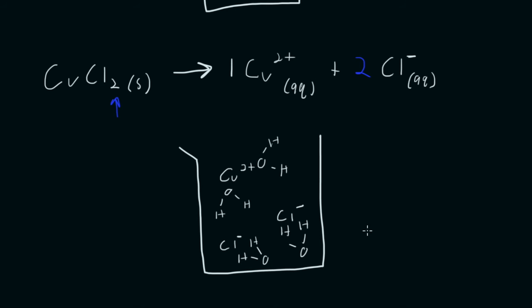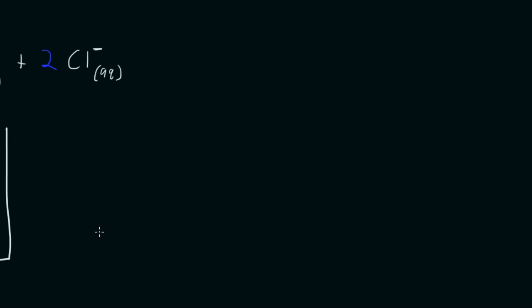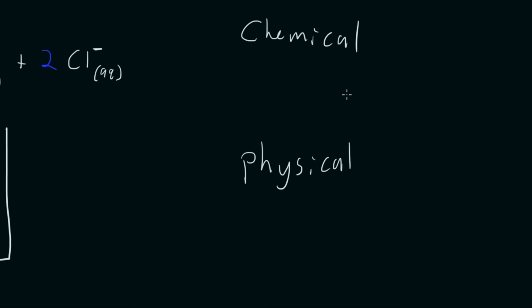So with all of that said, there is one little caveat that we need to talk about here. And this is going to be the difference between a chemical change and a physical change. Now, we've talked about chemical changes versus physical changes. We've talked about a physical change being a change in some of the properties of a substance without changing its chemical structure.